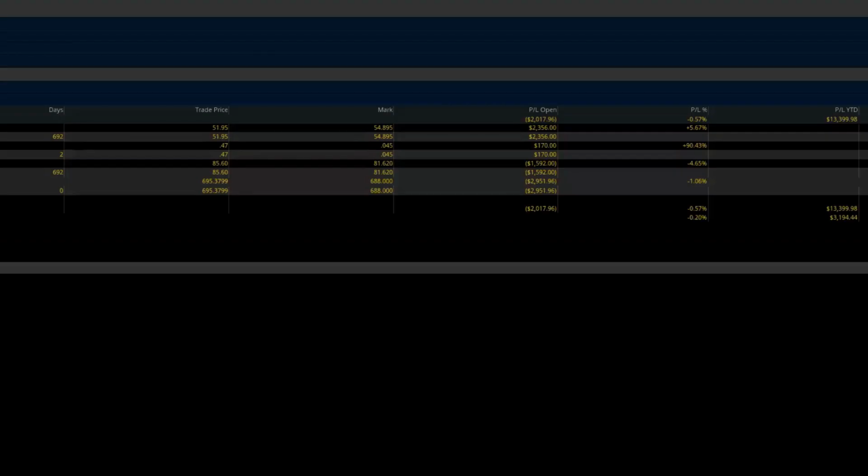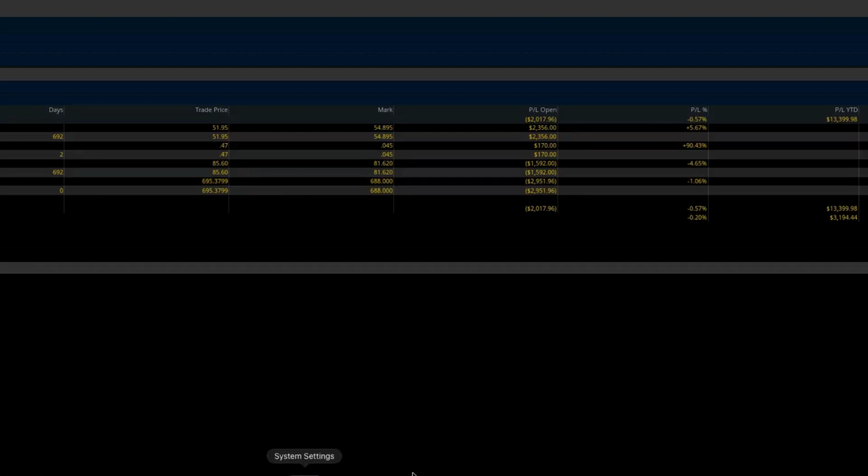That's just been my average over the years, that I make about 1% a month. There are going to be times when I don't make anything. As a matter of fact, for members that have looked at my spreadsheet, you can look at my spreadsheet from the beginning of 2025, and you will notice that in January, February, and March, I made like $200-300 a month. Well, that's not 1% of that account.